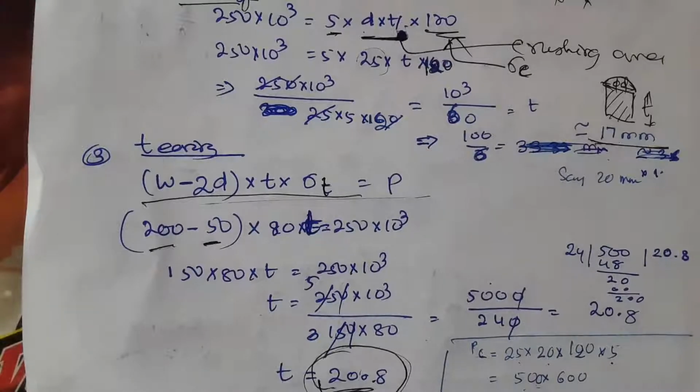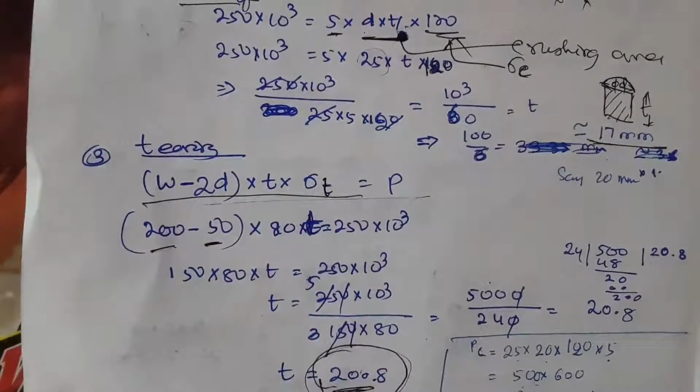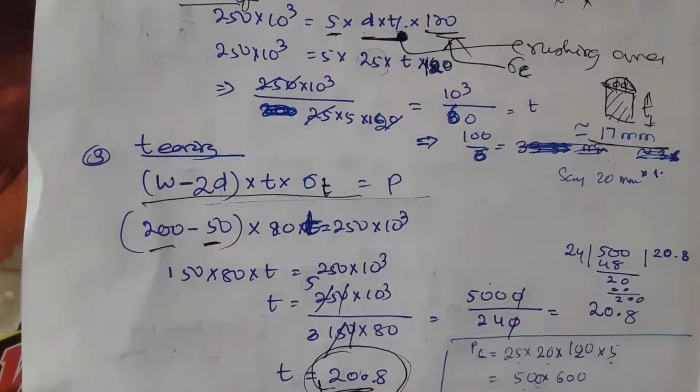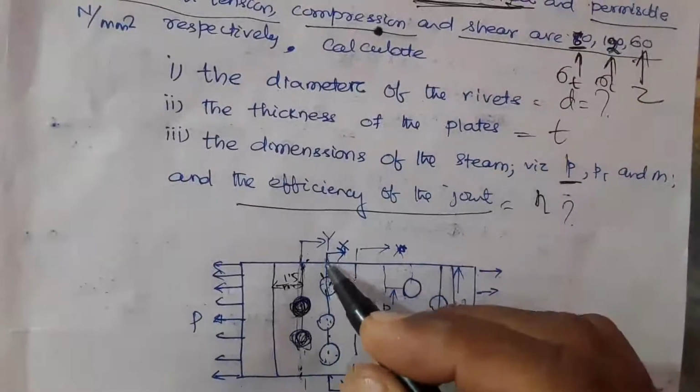Now we have to check the other locations as well. You see the other location, if it is failing at this location.